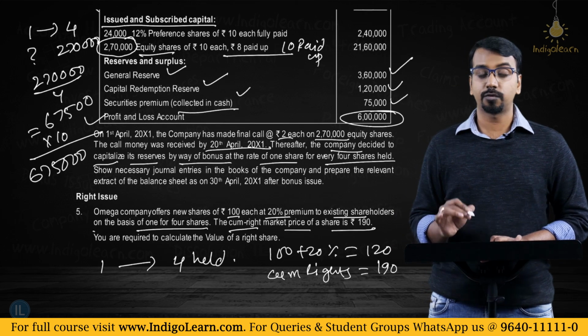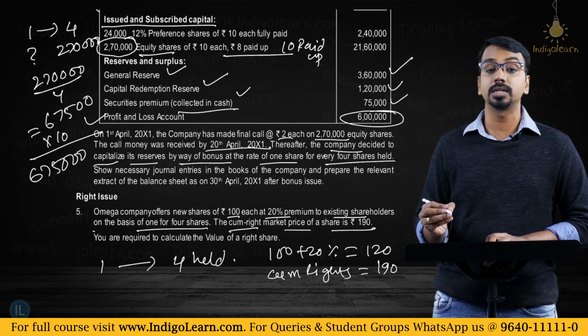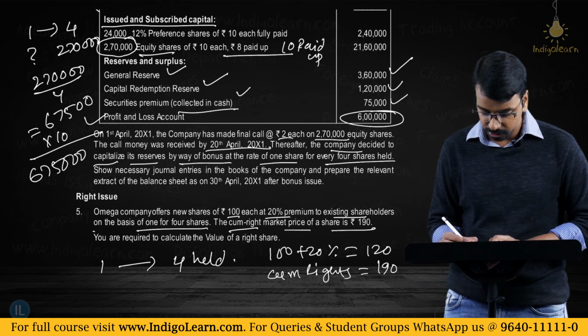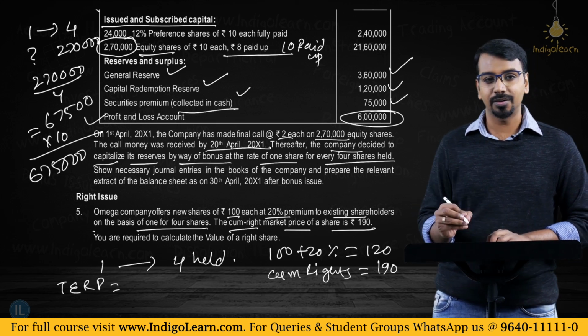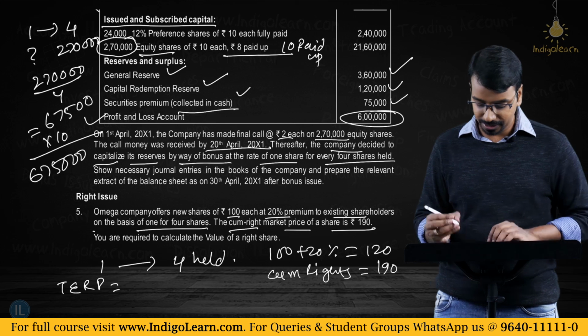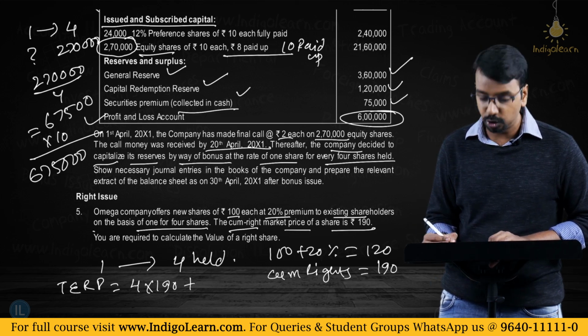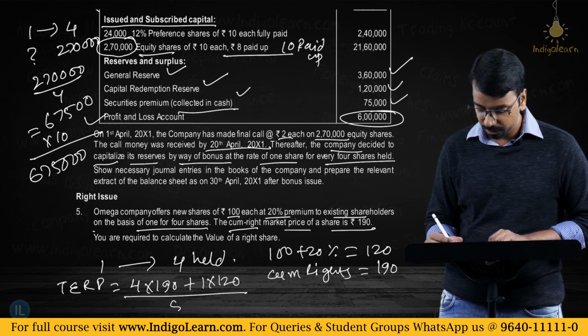The question has asked us to find out what is the value of a right share. For that we need to figure out what is the ex-rights price or theoretical ex-rights value. What is the theoretical ex-right price? Which is nothing but the existing investment plus fresh investment. What is the existing investment? For 4 shares at 190. What is the new investment? 1 share at 120. Total after this will be 5.